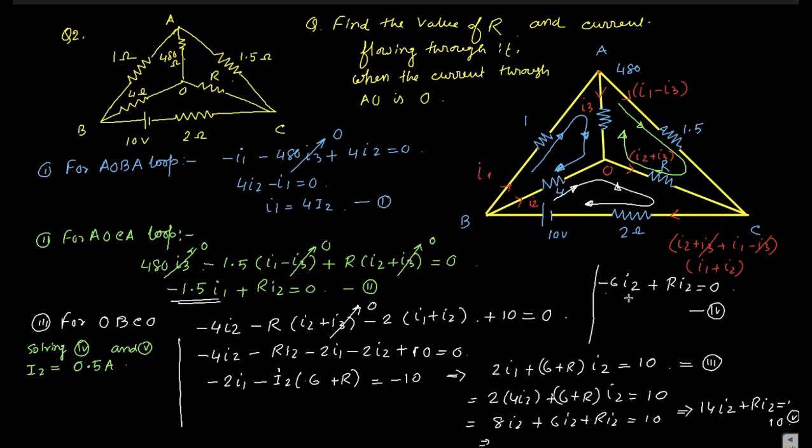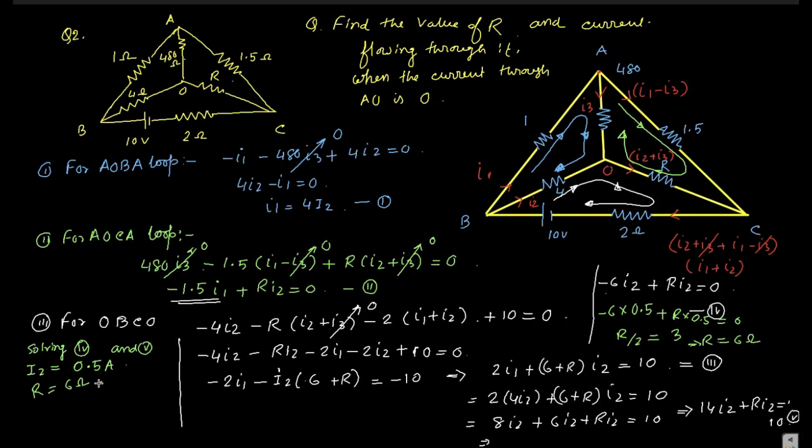If you put this over here, so minus 6 into 0.5 plus R into 0.5 is equal to 0. So it becomes R by 2 is equal to 3. Okay, so R becomes 6 ohm.